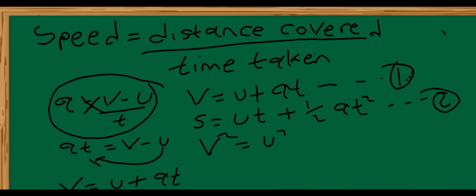And we have v squared equals u squared plus 2as, where v is the final velocity and u is the initial velocity. So these are the three formulas we'll be making use of in solving motion.